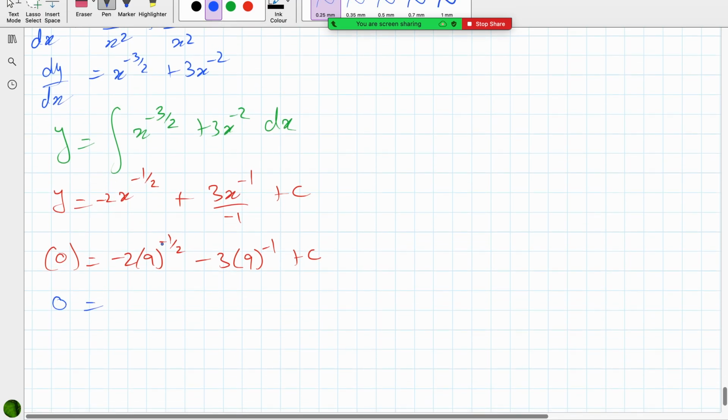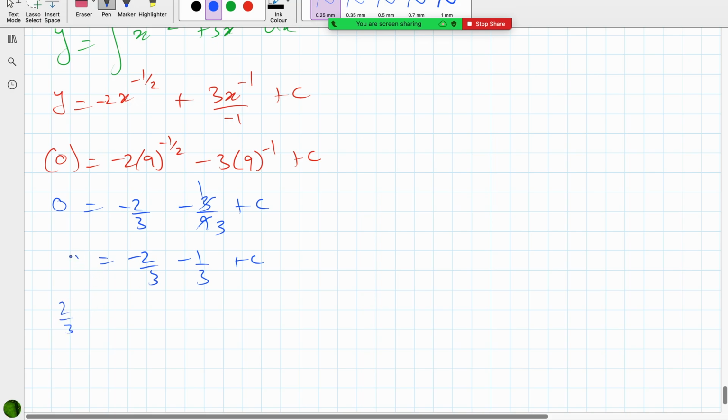So y is 0, square root of 9 is 3, minus 2 by 3, minus 3 by 9 plus c. 3 one times, 3 three times, minus 2 by 3, minus 1 by 3 plus c.